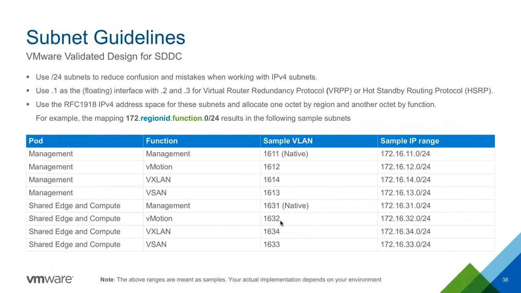One thing that I think is really good to point out: these are guidelines. These are not requirements. We're not stipulating that you have to have them. That's why on this table it's got sample VLAN, sample IP range. We're not saying that you have to use the IP ranges that we're setting, because that may or may not be possible. But what we're doing is so that you can see a full picture, and so that we can actually deploy this and test it, you can see what we're using internally.